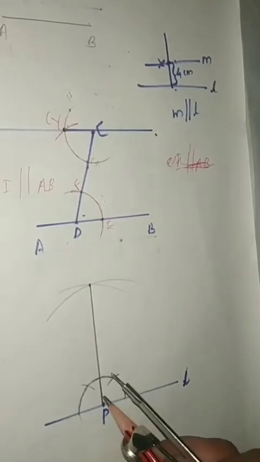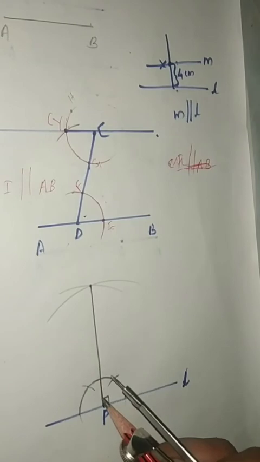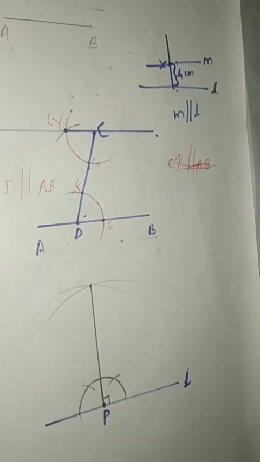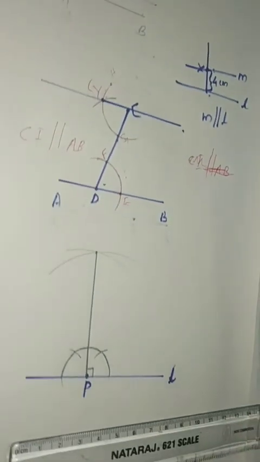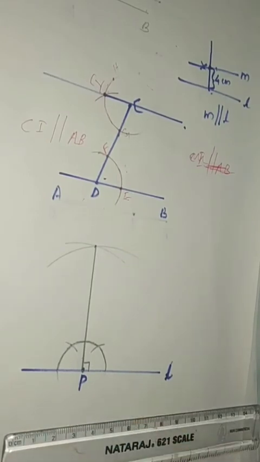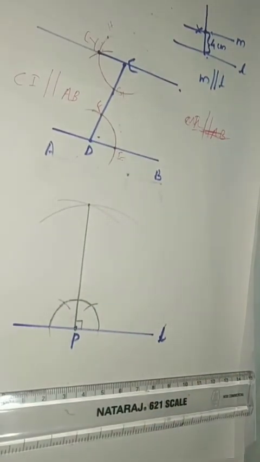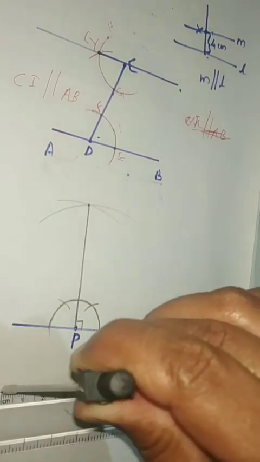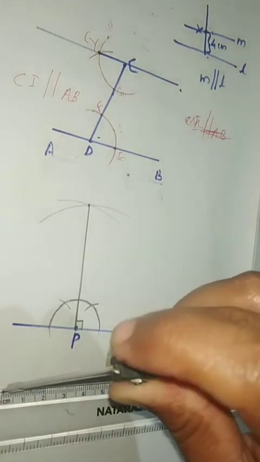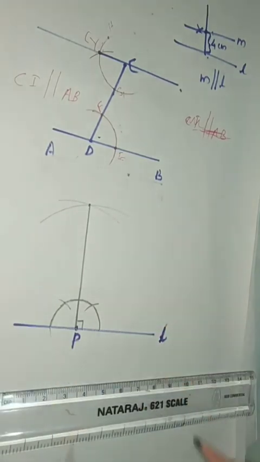That is, here will be 90 degree. Then here also will be 90 degree. Now, another step is, we have to take the compass distance 4 centimeter. That is, take the compass, keep the compass point on 0. After that take a 4 centimeter distance.